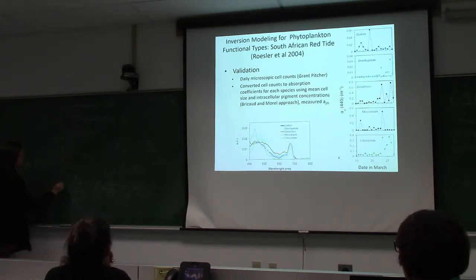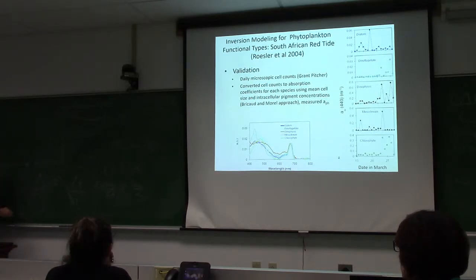Reflection is light comes in, light goes out, some of it's transmitted. Reflectance is the light that's emanating out of the ocean that contains the signal of what's in the water.